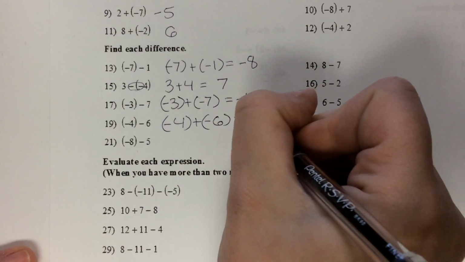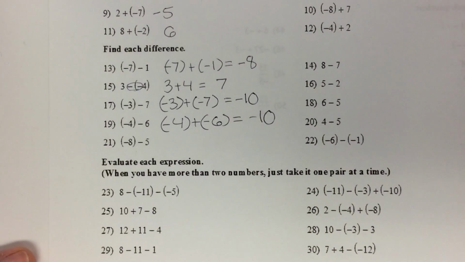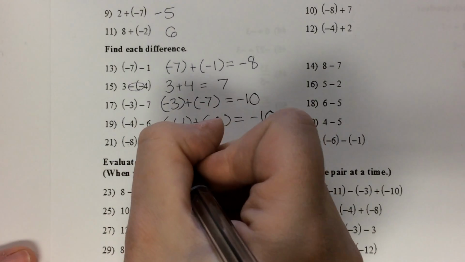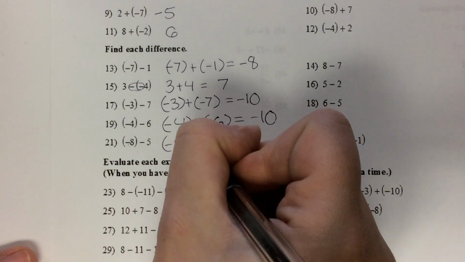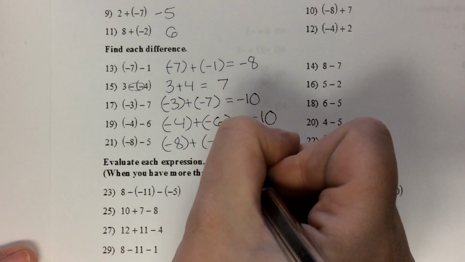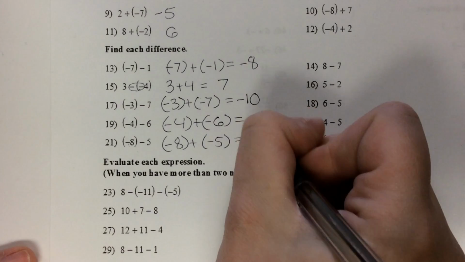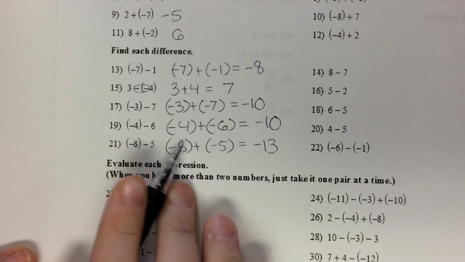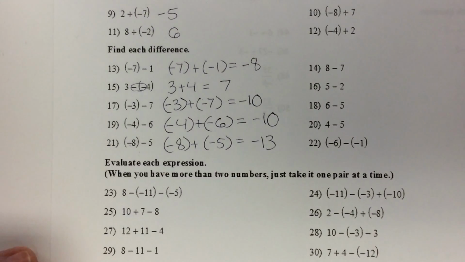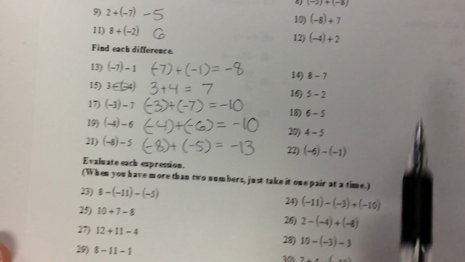Same signs, add, and keep. Same thing here, negative 8 plus negative 5. Same signs, add and keep. Add and keep means keep the sign, okay? So once again, I'm going to have you do these evens on your own.